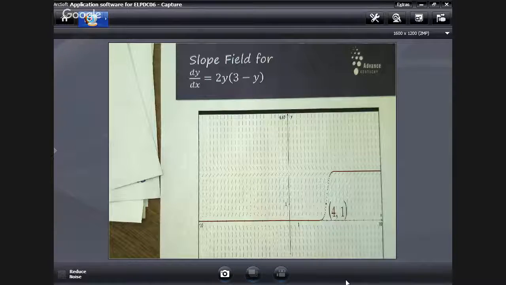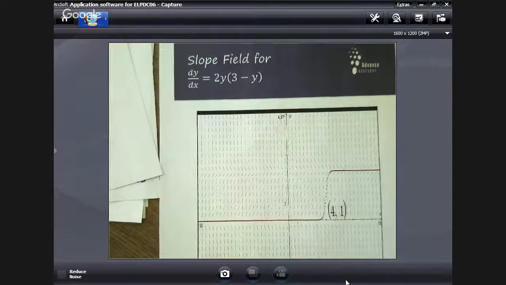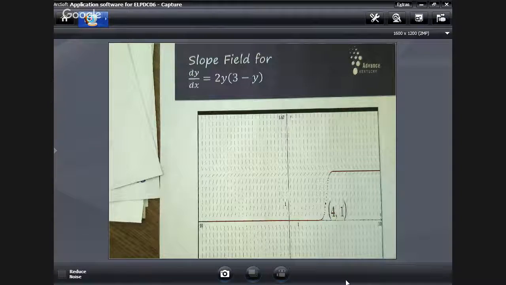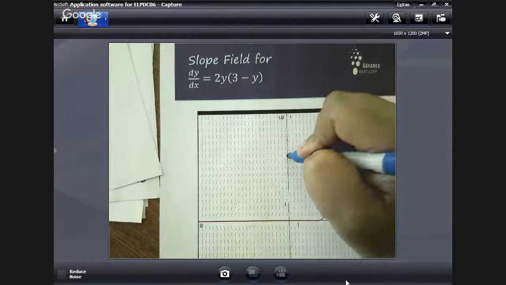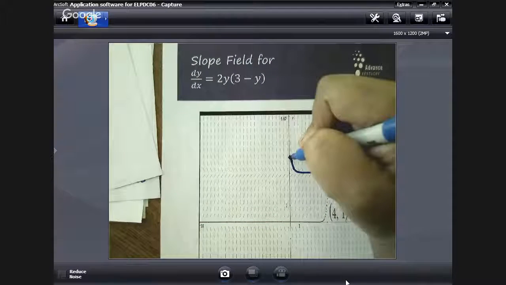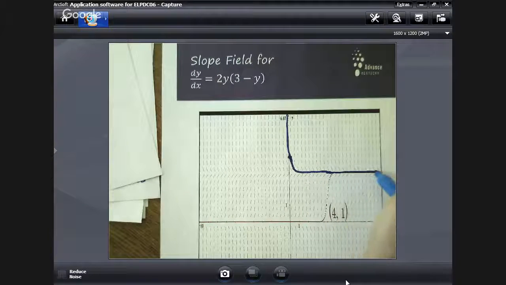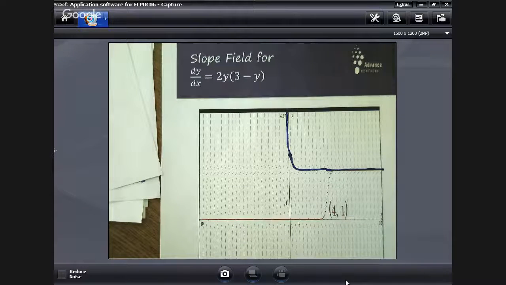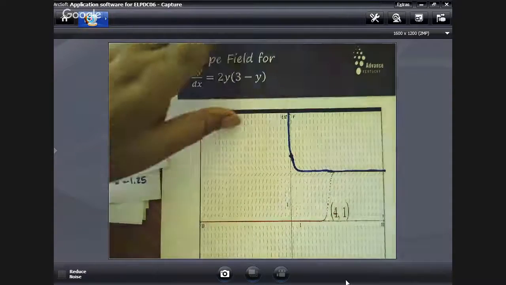A common question is, what happens if I start below or above those asymptotes? Let's say we start at the point (0, 4). If I follow my slope field, it continues all the way out, and y drops down to the carrying capacity, like those fish I was talking about a few minutes ago.